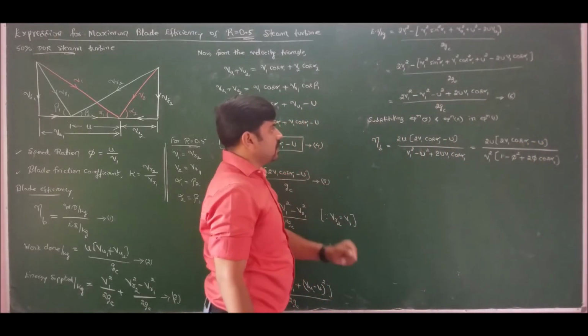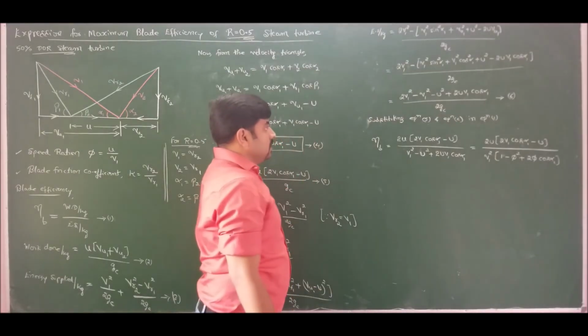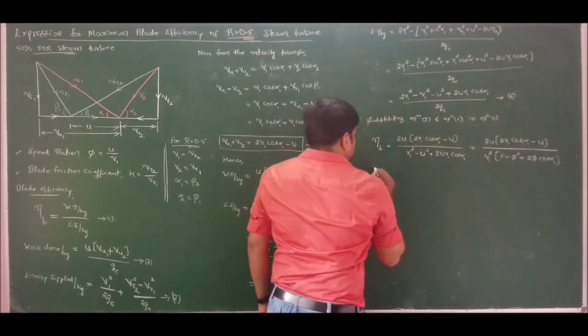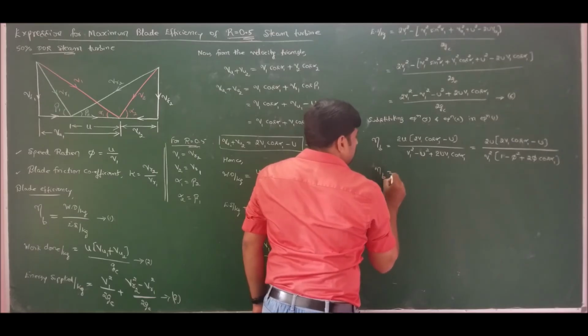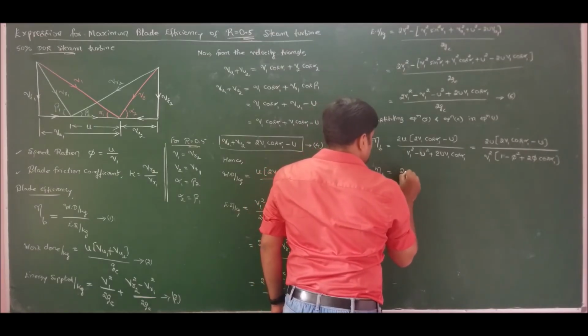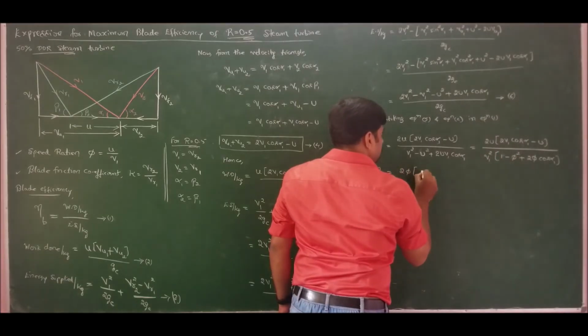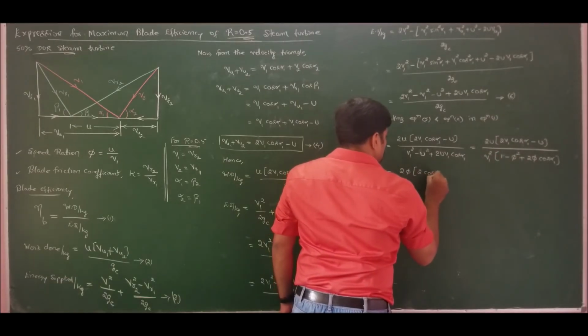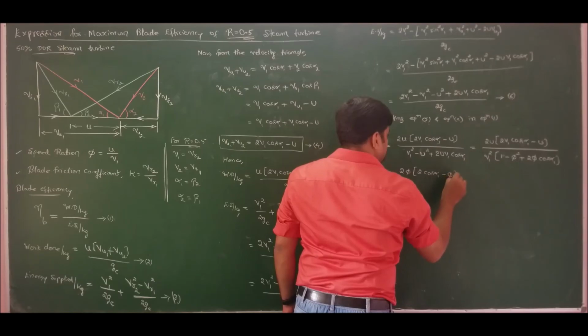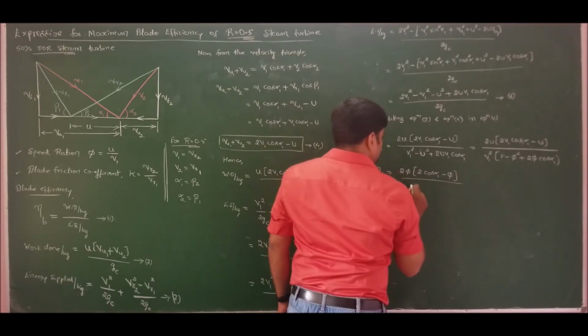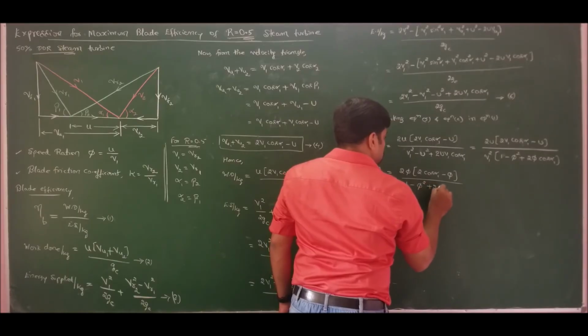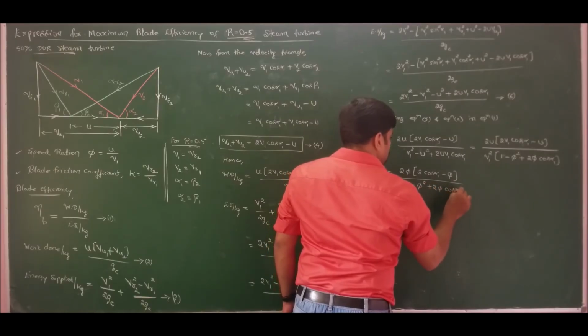Now divide v1 square to numerator, we will get blade efficiency as 2 phi (2 cos alpha 1 minus phi) divided by 1 minus phi square plus 2 phi cos alpha.